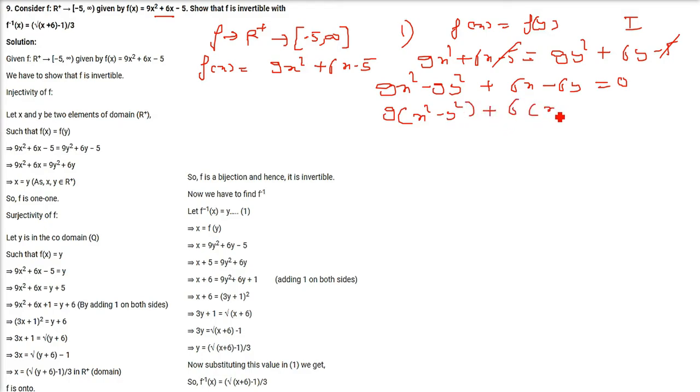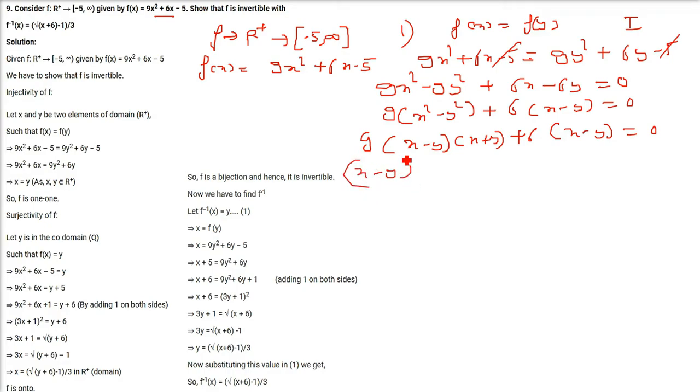This x² - y², a² - b² can be written as (a - b)(a + b). And then we have x - y here. Now you can take outside x - y because it is common. You can also take out 3 because 9 and 6 are both multiples of 3, but we won't be needing it, because 9x + 9y + 6 is eventually equal to 3x + 3y + 2 if you divide both sides by 3.